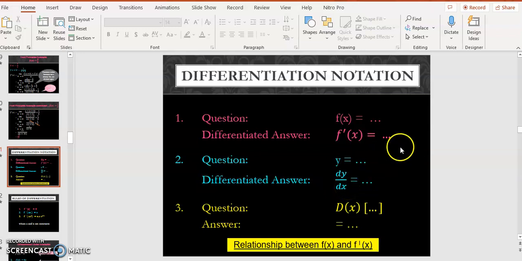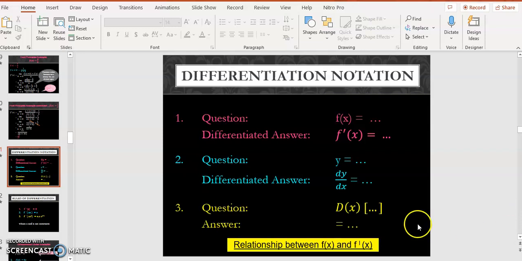If you are asked such a question, to answer this, you write dy dx is equal to whatever answer you find. If it is m is equal to, you write dm dx. If it is k is equal to, you write dk over dx.